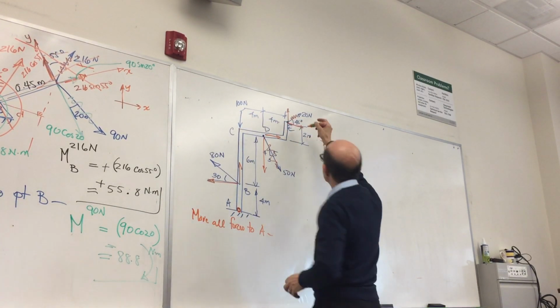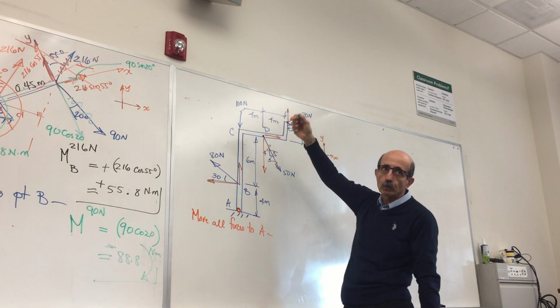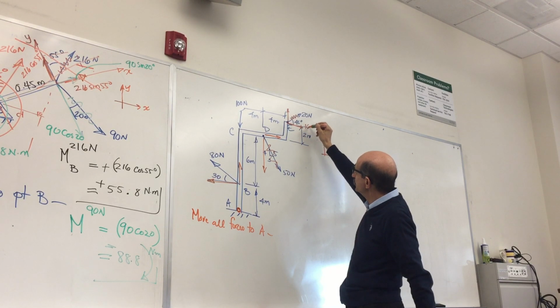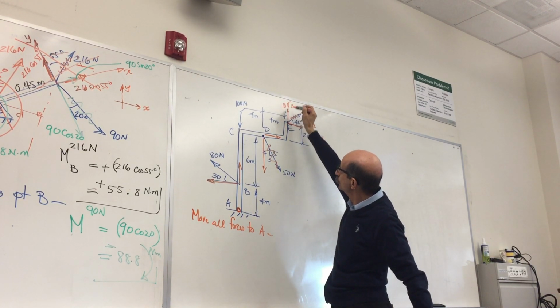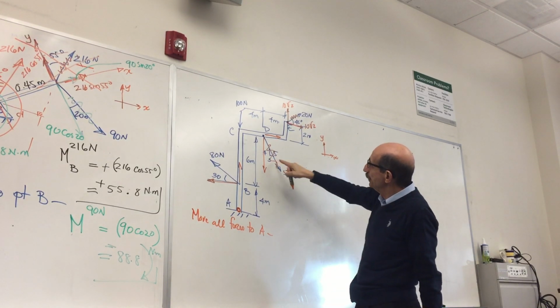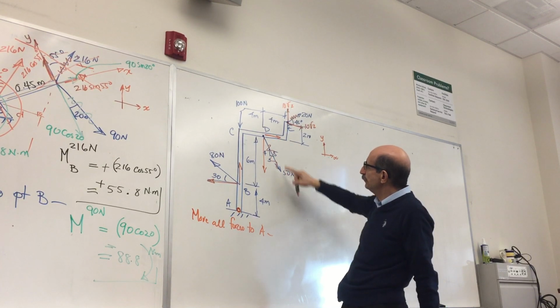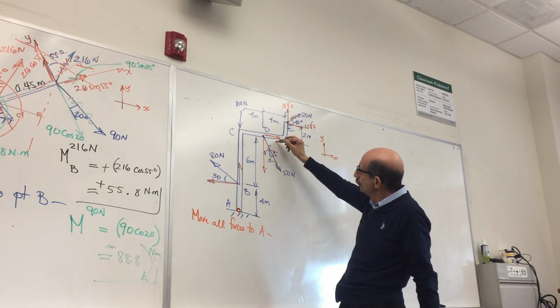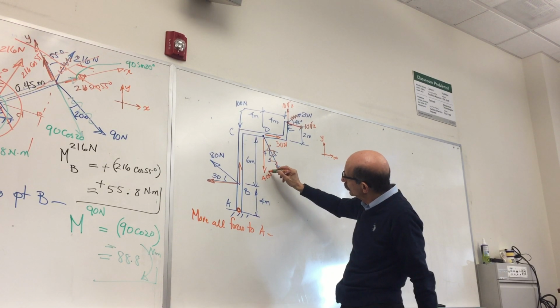In this case, you have 20 cosine 45. Cosine 45 is square root of 2 over 2, so it would be 10 square root 2, and 10 square root 2. The slope here is 3-4-5, so this would be 3/5 of 50, which is 30 Newton. This would be 40 Newton.